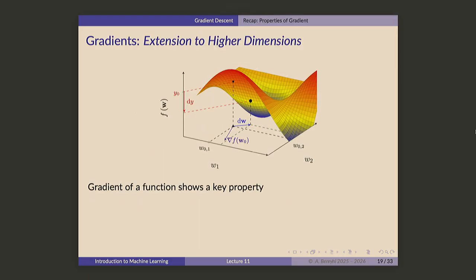Well, if you think about a general surface, when you compute the gradient of that surface at one specific point, that gradient is telling you the direction that if you walk in that direction, your loss or your surface is going to increase, and not only increase, but how you should walk to increase it maximally.